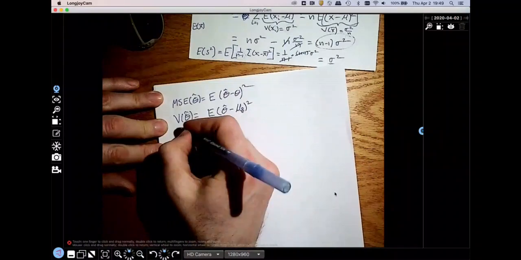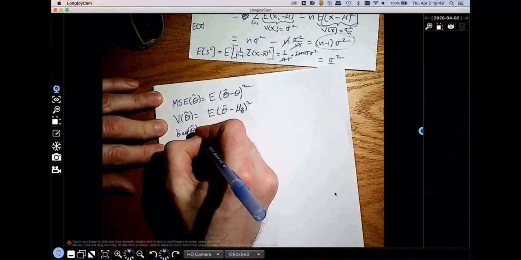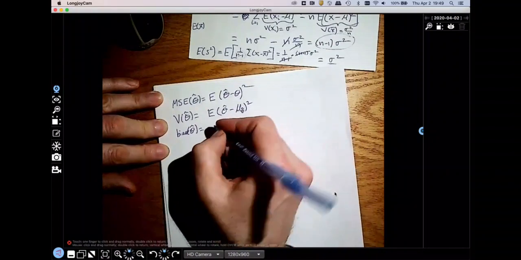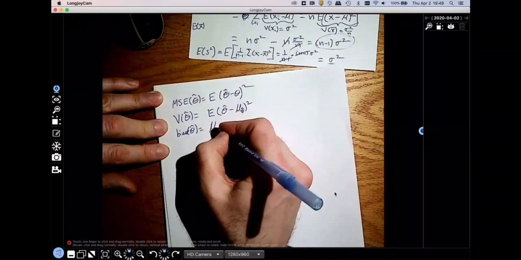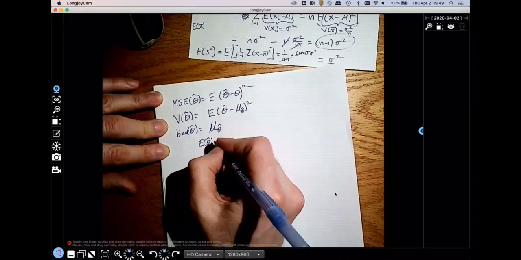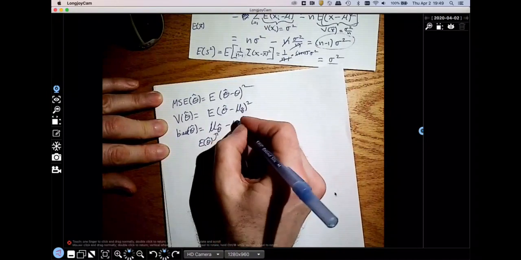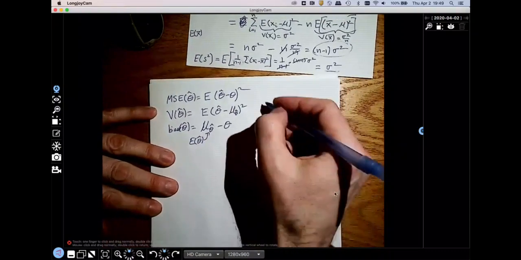And remember the bias of theta hat is equal to mu theta hat, so think of this as the expected value of theta hat, minus theta.